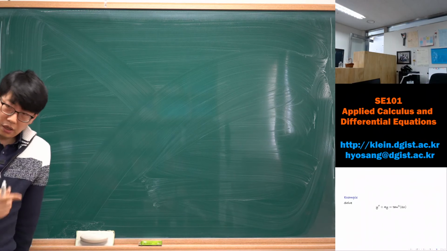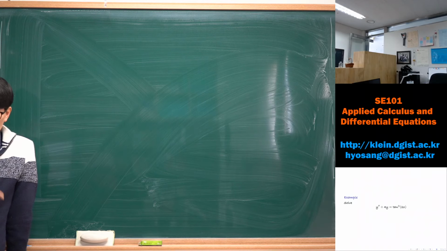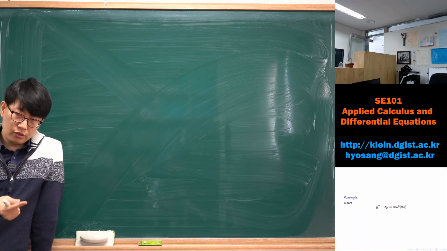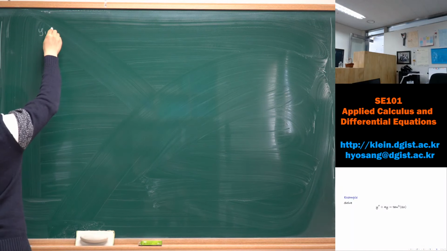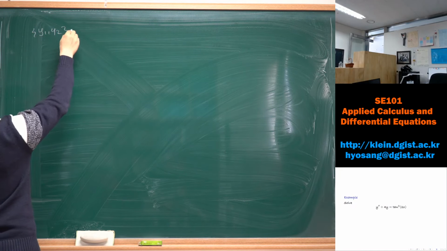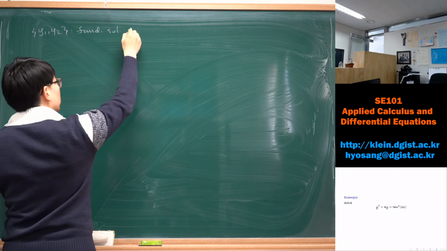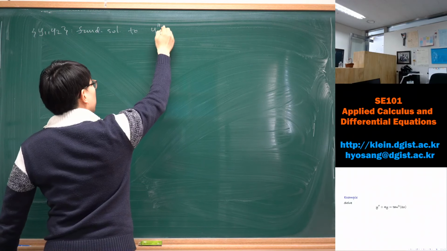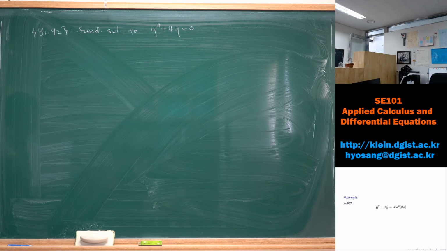Recall that the method of variation of parameters assumes that you know two fundamental solutions of the homogeneous differential equation. So you have to find y1, y2 as fundamental solutions to the homogeneous differential equation y double prime plus 4y equals 0.